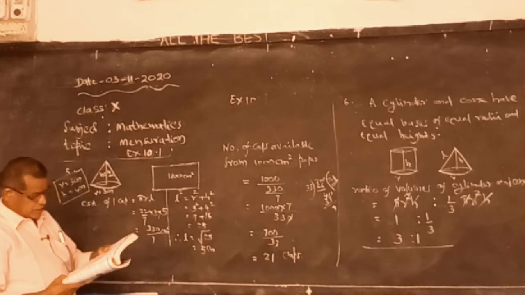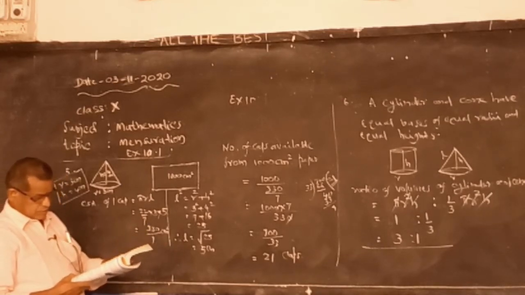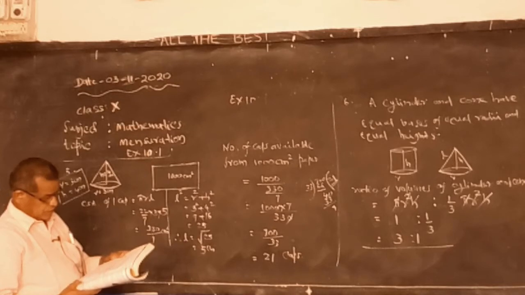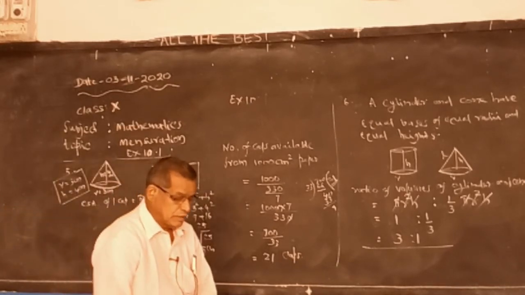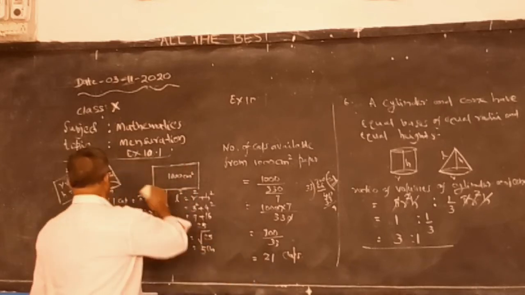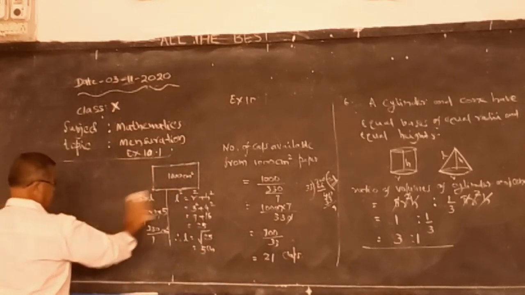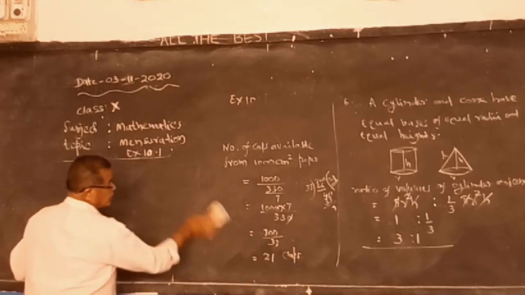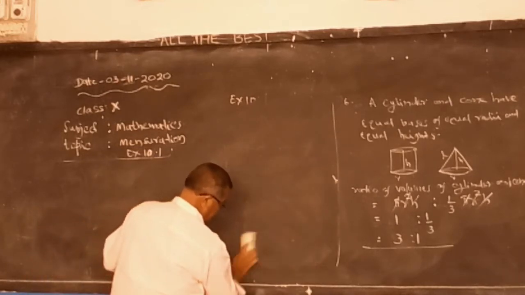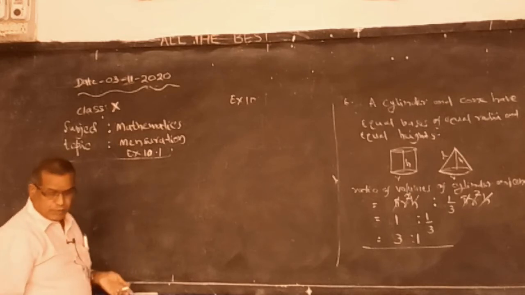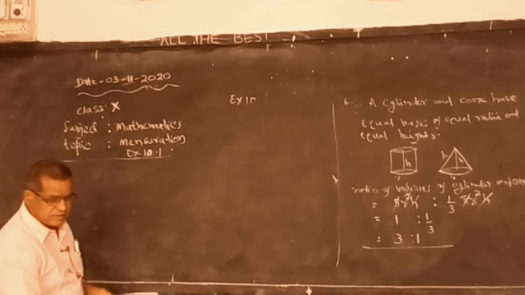Seventh problem: a solid iron rod, a cylindrical rod, of diameter 7 centimeters and height 11 centimeters. Find the total volume of 50 such rods. Read the problem once, twice.